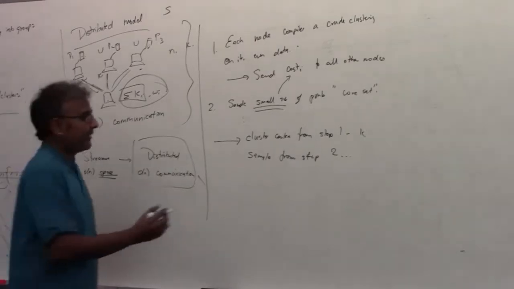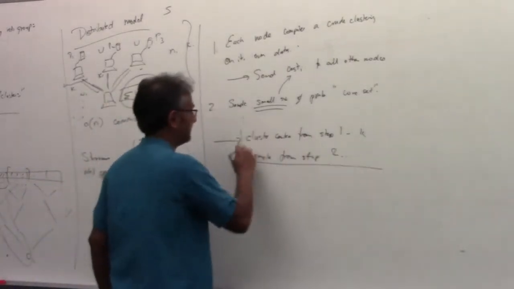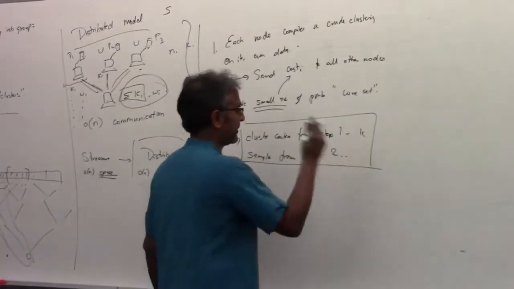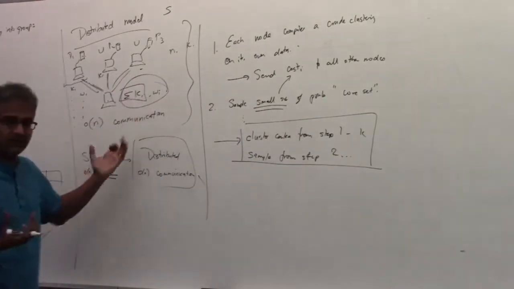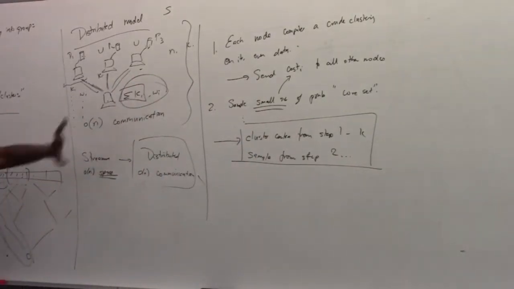And that's it. Every node is going to send this object over to the other nodes or to the central server. And these are going to be weighted accordingly. And again, I'll explain how the weighting works. And that's going to be the core set you use at the server to compute the global clustering.